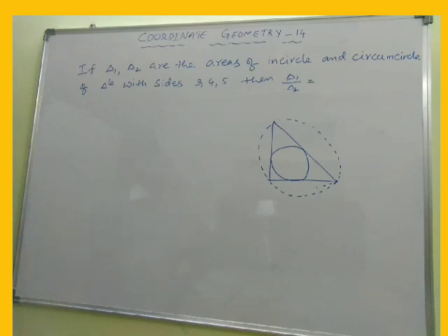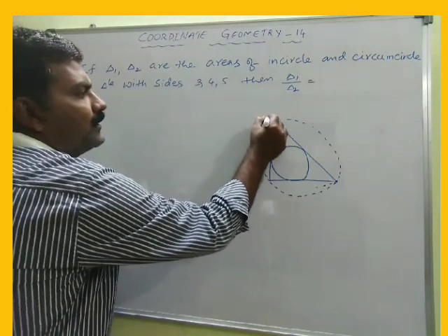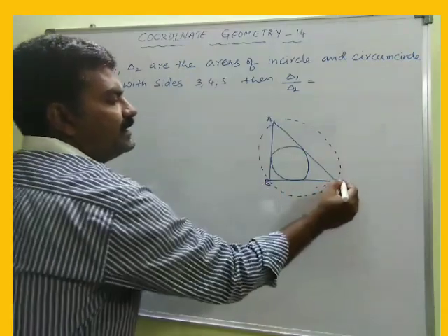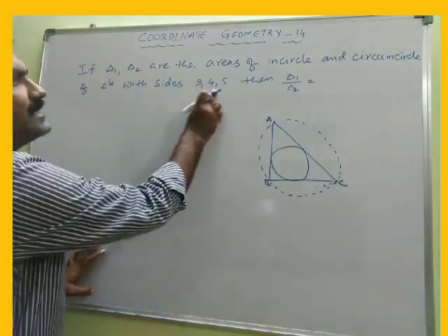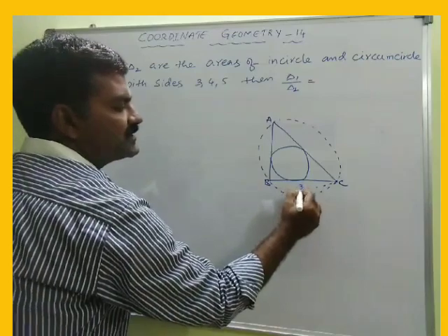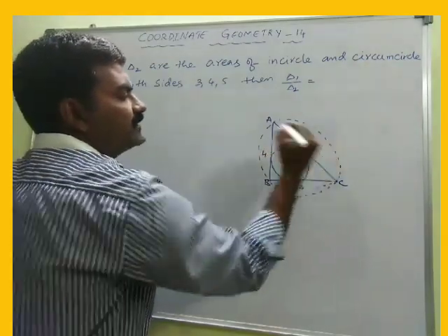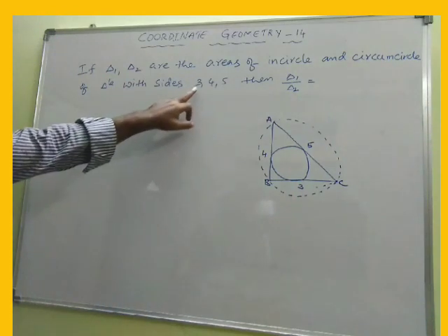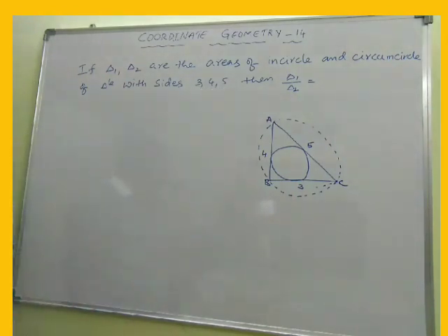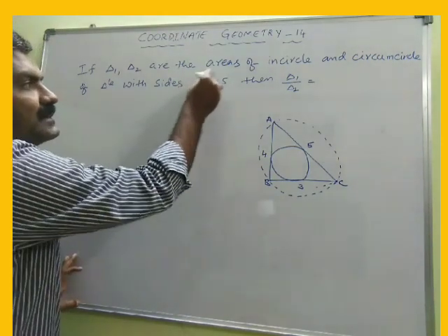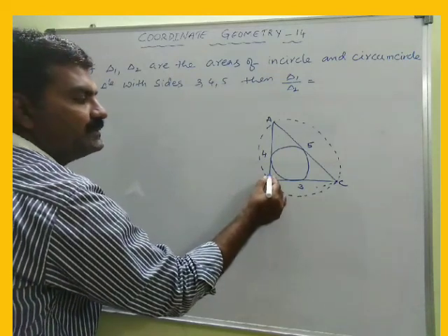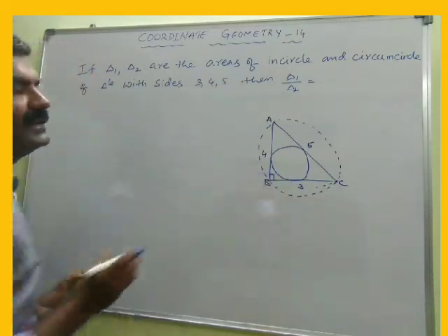Okay, so let us consider a triangle ABC. Sides are provided. Suppose this is 3 units, let it be 4 units, and this is 5 units. You know, my dear, 3, 4, 5 are Pythagorean triplets. Hence, the triangle formed by the sides 3, 4, 5 is nothing but a right angled triangle.